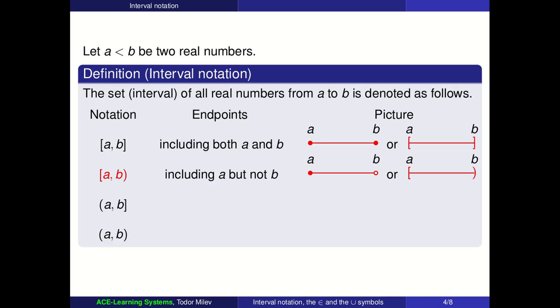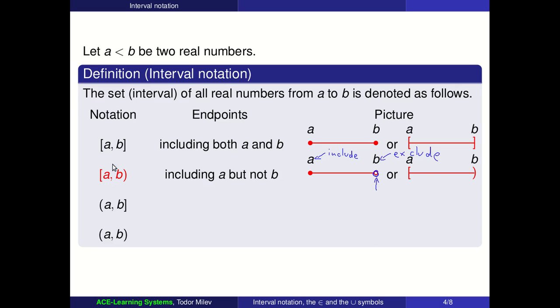Okay, what do we do if we want to take all numbers between a and b? We want to include a, but we want to exclude b. So we want to throw out this point. The exact point where b is located is not included in the picture. Well, how do we denote that interval?